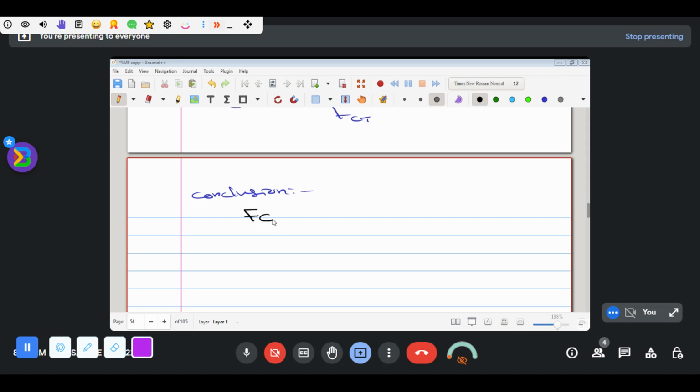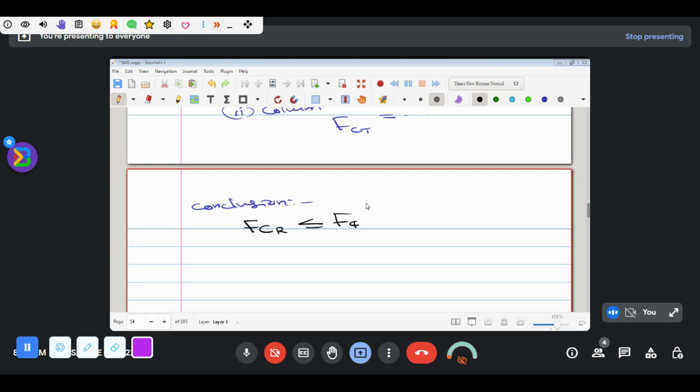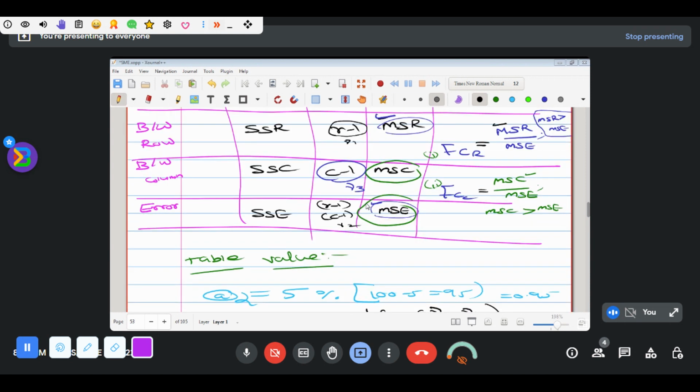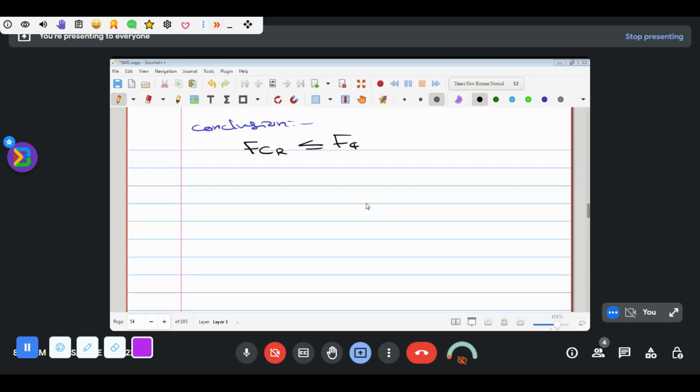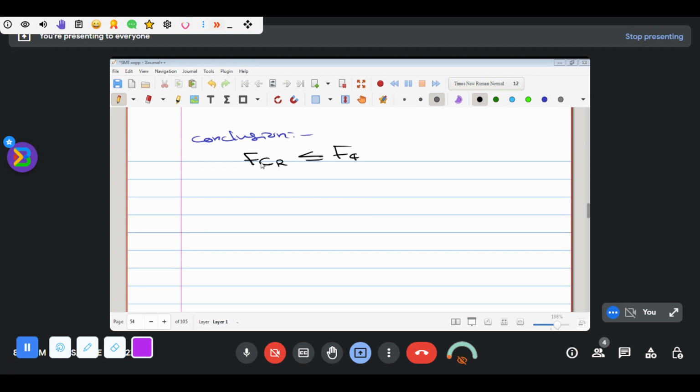If the calculation value of row is less than or equal to the table value of row, then H0 is accepted on a row basis.